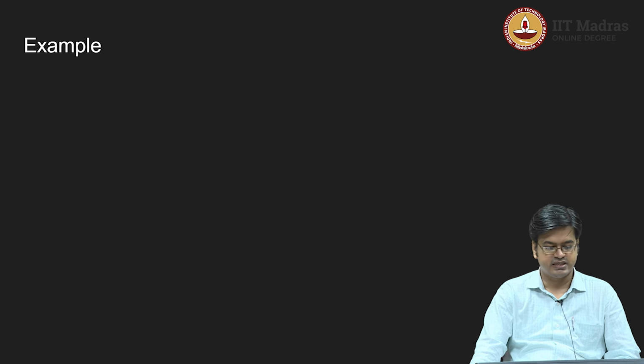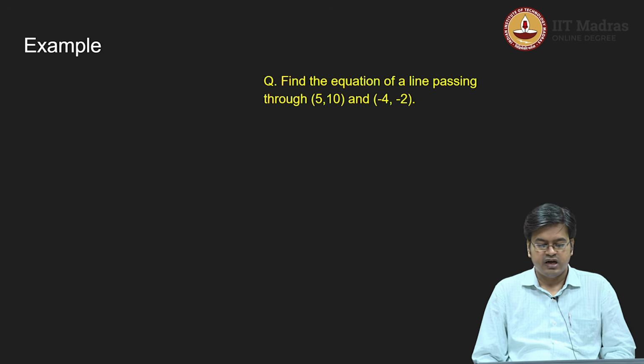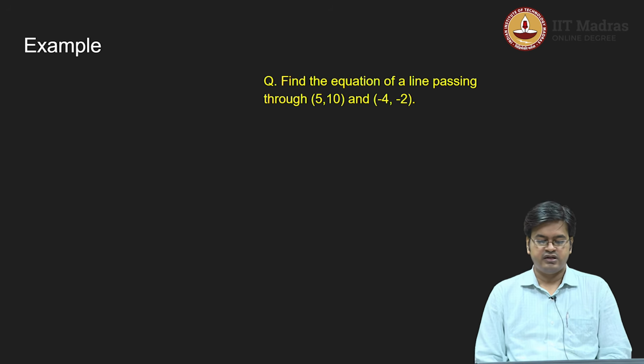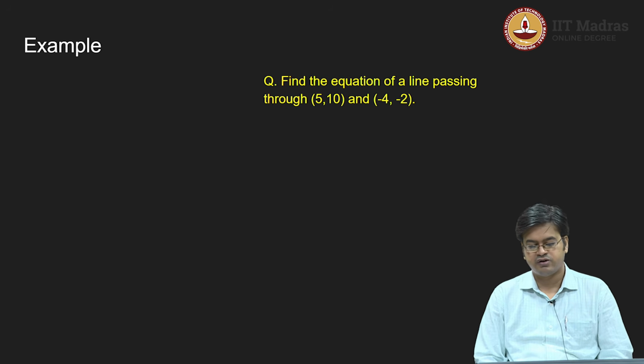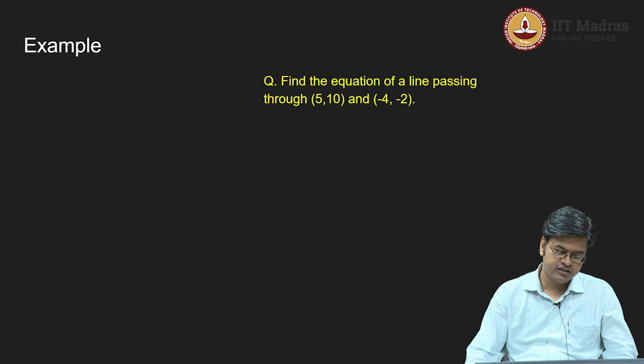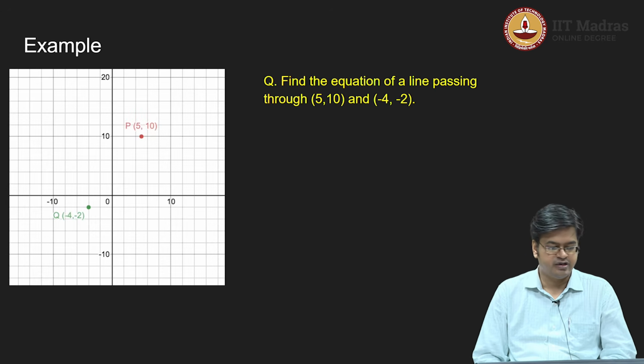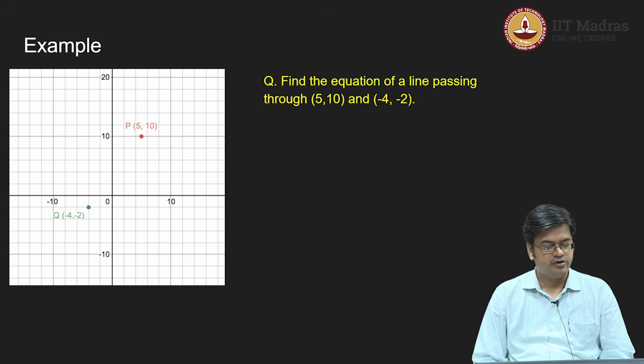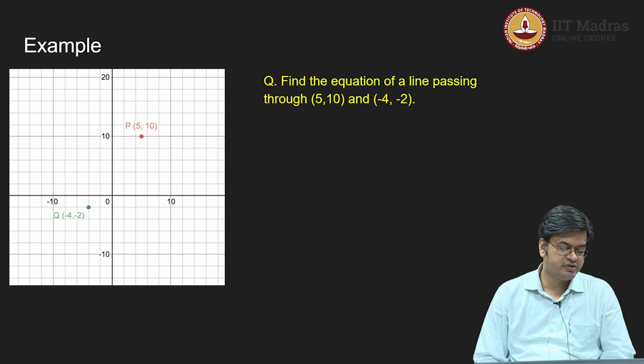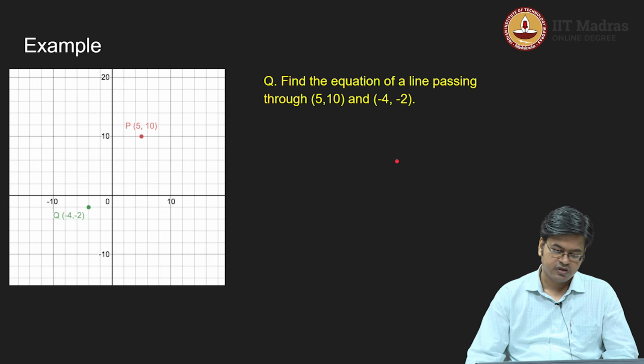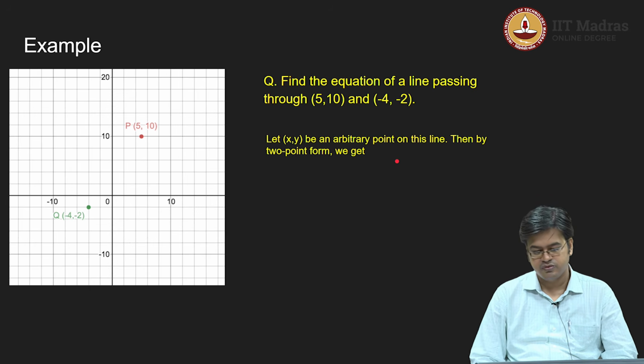So, let us take one example where I want to find the equation of a line that is passing through 2 points 5, 10 and -4, -2. Let us identify these 2 points on a coordinate plane 5, 10, -4, -2. I want to find the equation of this line. So, I will use another point Q, which is an arbitrary point, and it has coordinates x, y.